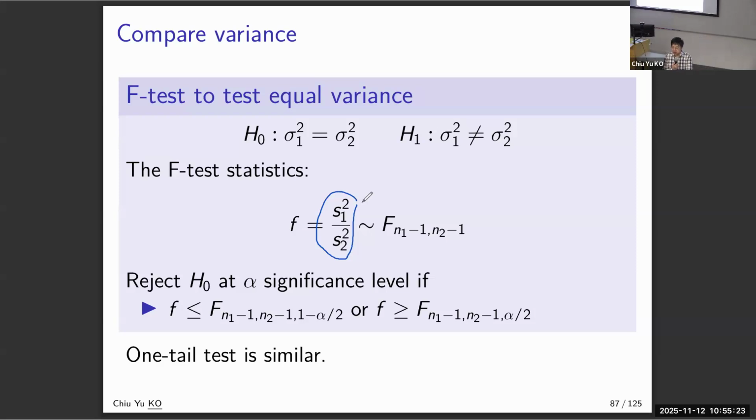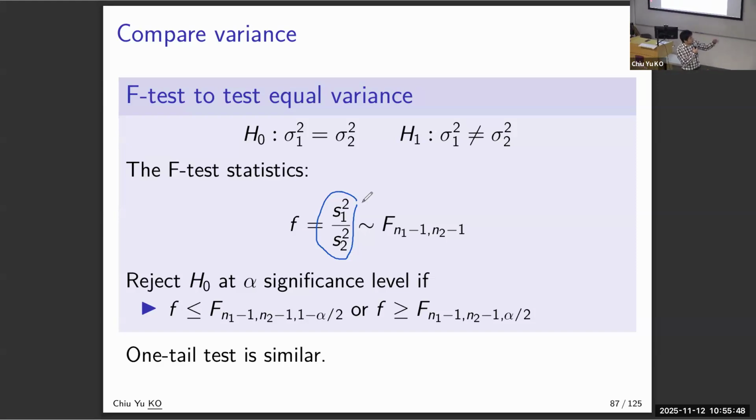If they are more or less close to 1, which is the case under the null, then you don't reject. But if it's far away from 1 on either side, then you reject, because 1 should be the common value. And of course, it really depends on the sample sizes of population 1 and population 2.